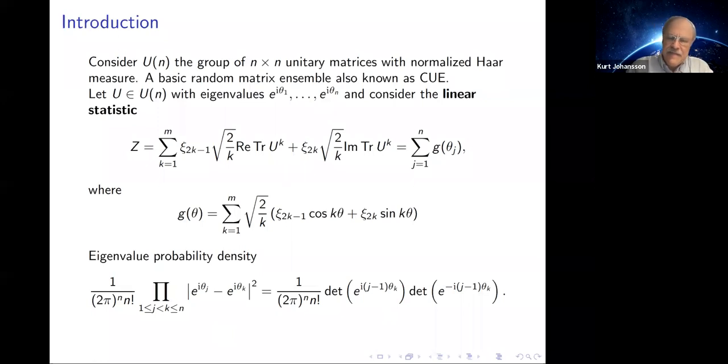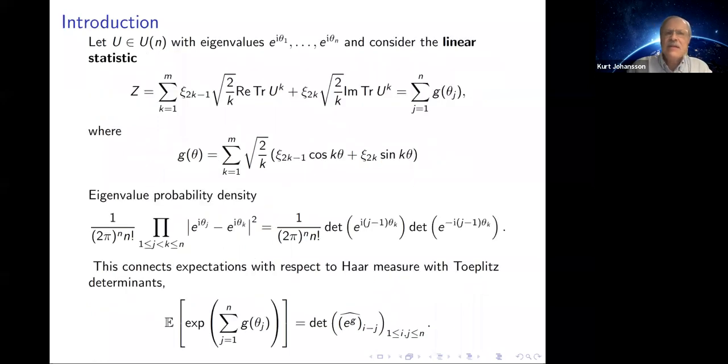This leads immediately to, using this and the Cauchy-Binet identity or Andreev's identity, you can see that if I take an expectation like this of a linear statistic, so this is a product of e to the g, then this becomes a Toeplitz determinant.